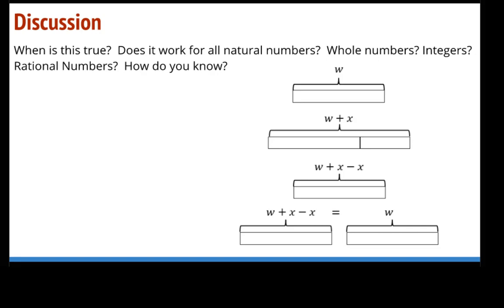What about integers, positive and negative whole numbers? What about rational numbers, fractions and decimals? And how could you show and explain this to someone? So think deeply about that for a few minutes. Maybe even do some writing in your notebook.